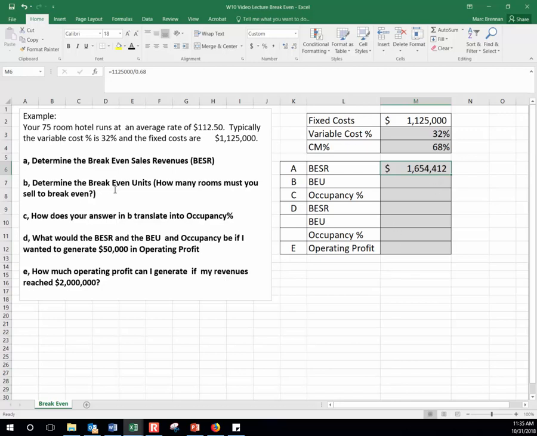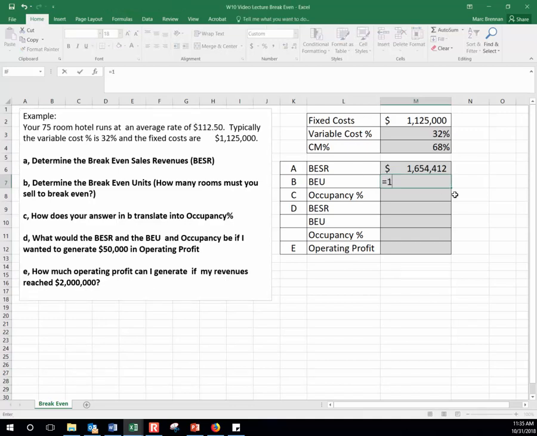Now let's determine the break-even units, so how many rooms you must sell to break even. If we go back to the presentation, it's our break-even sales revenue divided by our average unit selling price. In this case, we're talking about a hotel, which has an average rate of $112.50.